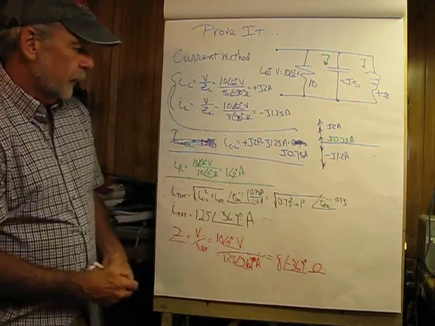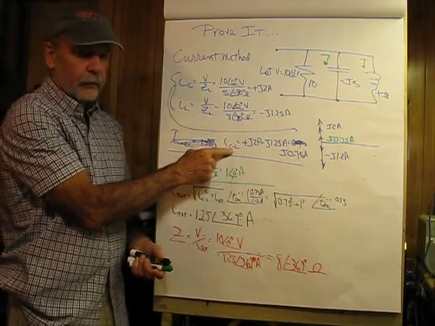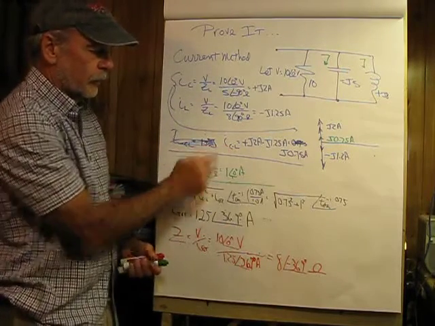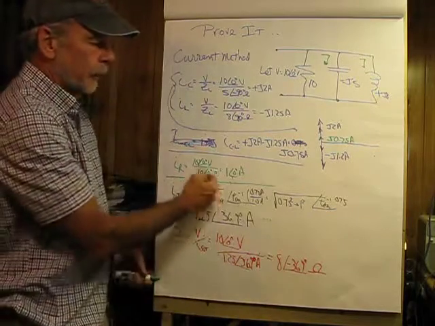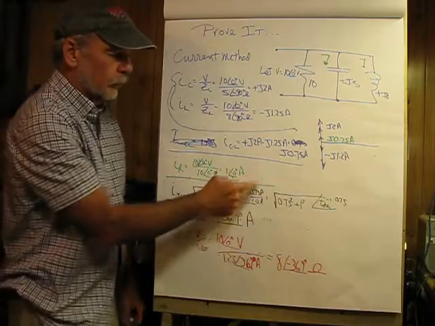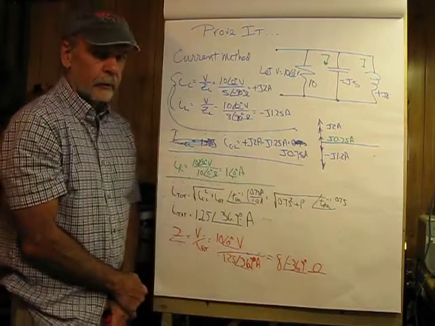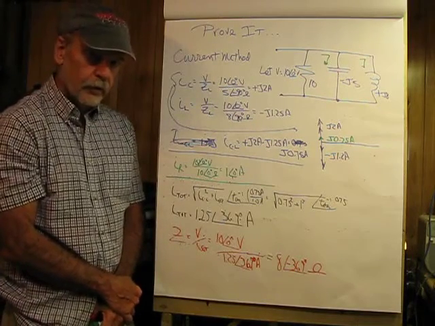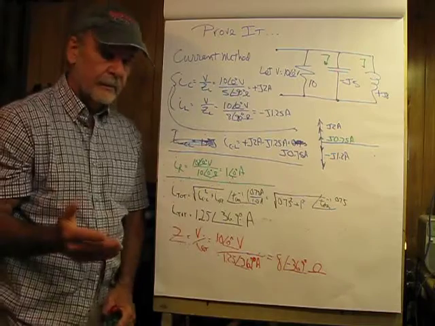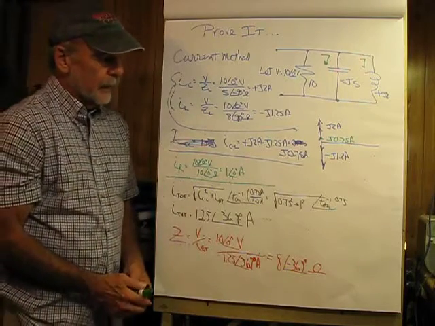If we take I_C minus I_L, subtracting the inductive current from the capacitor current, simply because it's smaller, we end up with a current of J0.75 amperes. That plus J means the current is in fact leading the voltage, and that's what we would expect in a capacitor circuit.